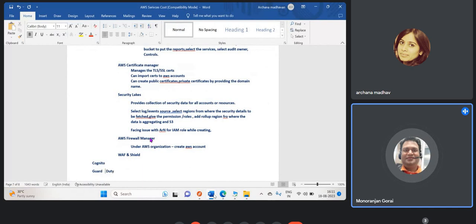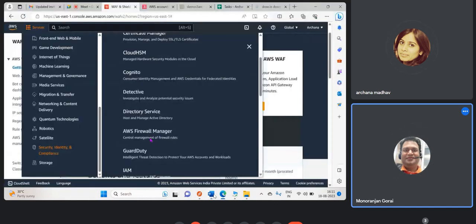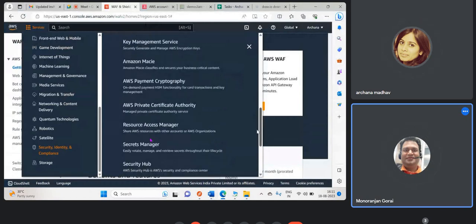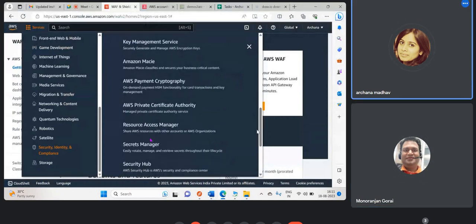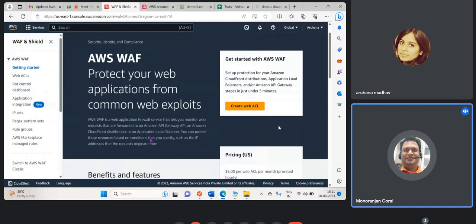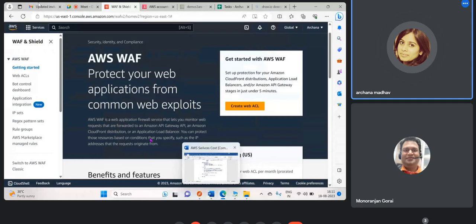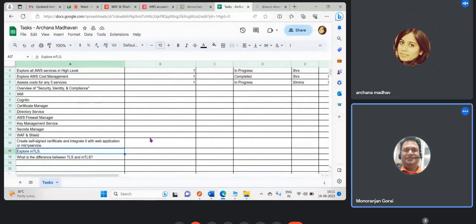Let's spend another 1 or 2 days on security and then the others. Fine. While you are going to explore these remaining ones, the tasks which you have written down, first give priority to those, based on your bandwidth.